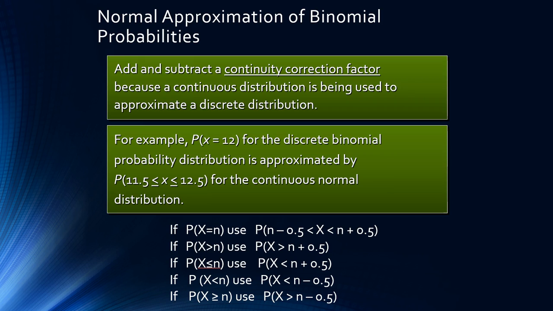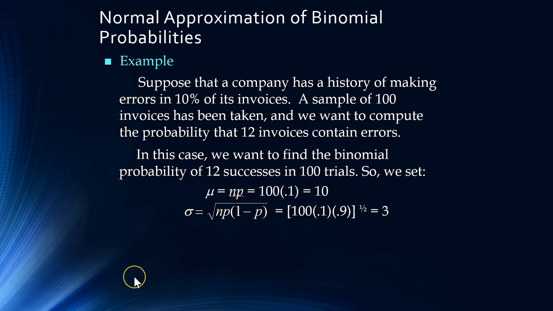We're counting these things up. It's a discrete distribution, and the normal distribution is a continuous distribution. Therefore, we've got to make these adjustments, adding 0.5, taking away 0.5. And actually, I've got a sample that we're going to run through here, and I think it's going to make it pretty clear. So let's do that.